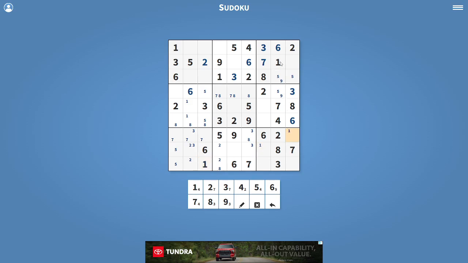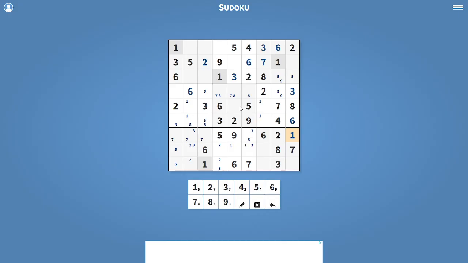And then 1 has to be there or there. And then 1 actually has to be over here, which means our 1 will be over there. We know 1 has to be over there. Anything else? No, not particularly.